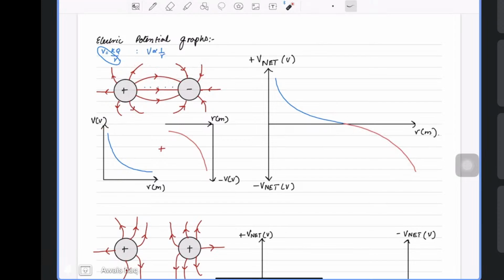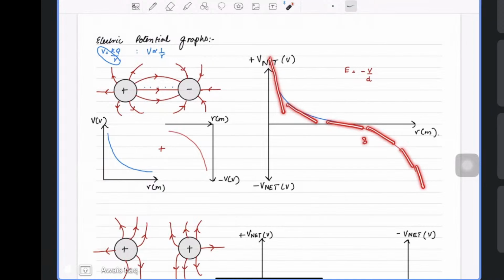Now, if you realize this, we have just learned previously that the electric field strength is the negative potential gradient, which means that if I try to draw any gradient on this line, because this is a curve, I need to draw a tangent. So the electric field strength will be maximum here, and then it is reducing, but at none of the points is it 0.